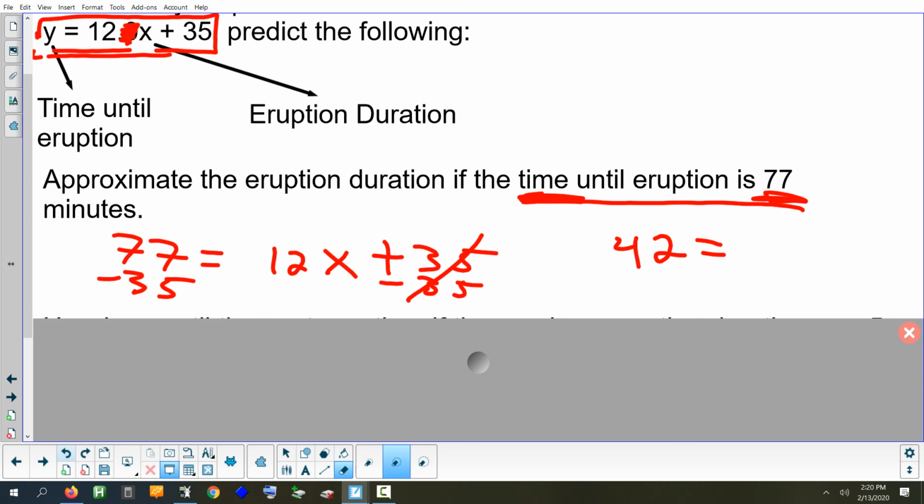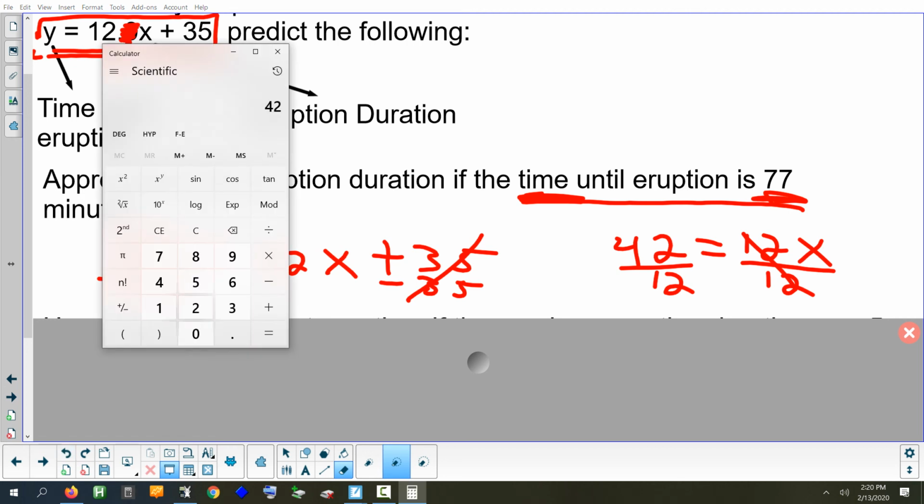So 42 equals 12x. And what's my last step? Divide. What do you divide by? 12.